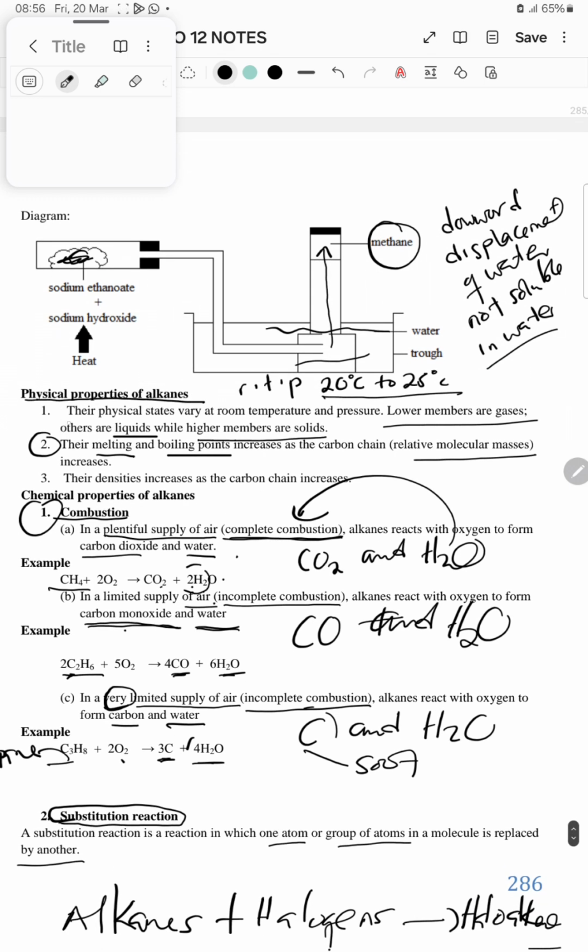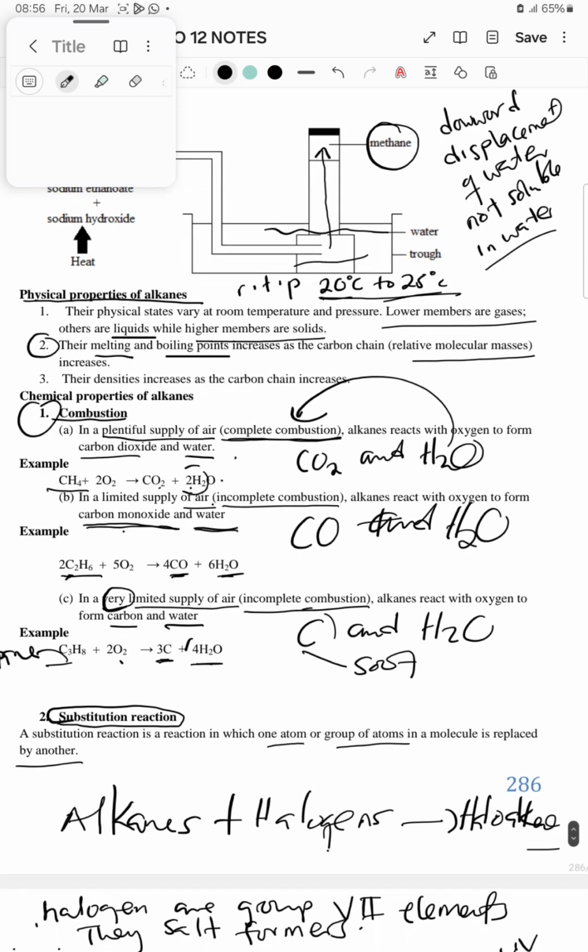Then we also talked about the physical properties of alkanes, where we said that their physical states vary at room temperature and pressure, which we said that the RTP is 20 to 25 degrees Celsius. So lower members are gases, then others are liquids, and the higher members are what? Are solids. Their melting point and boiling point increase as the carbon chain increases. Their densities increase as the carbon chain increases.